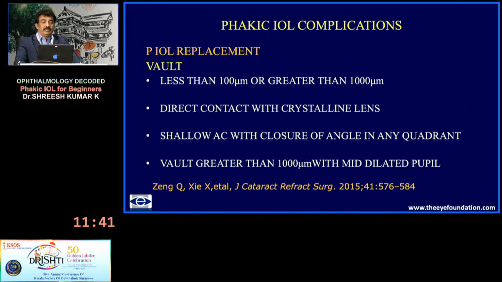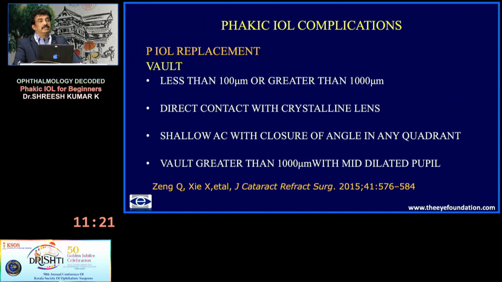And phakic IOL replacement. A study published in JCRS 2015 suggested that if the vault is less than 100 microns or greater than 1000 microns, the phakic IOL has to be replaced.